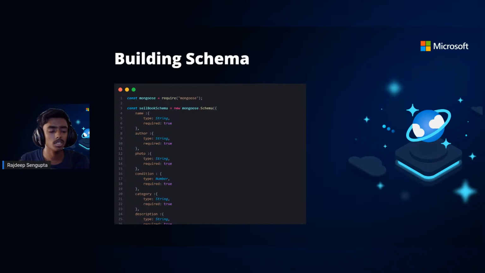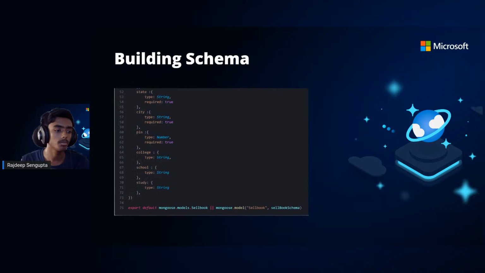Here we're simply using the Mongoose function, new mongoose.Schema, and specifying all the things we want. Here you can see the name, author, photo, condition, category, and all other fields. I'm marking whether each field is required or not. Now in the next part, I am simply exporting it as a model.